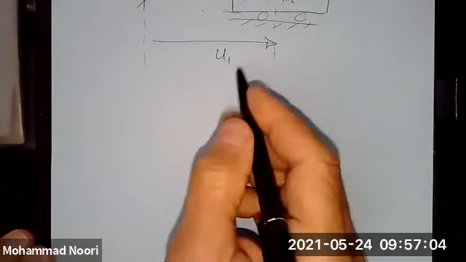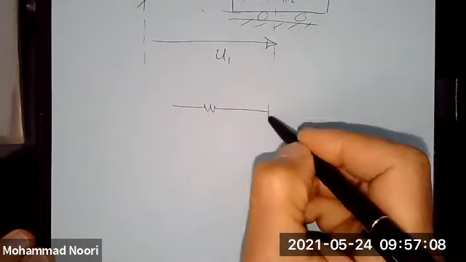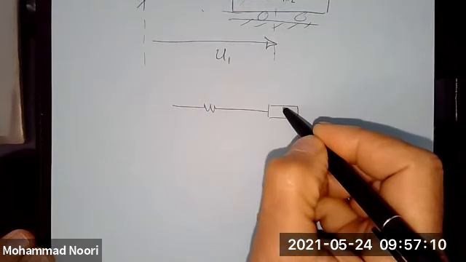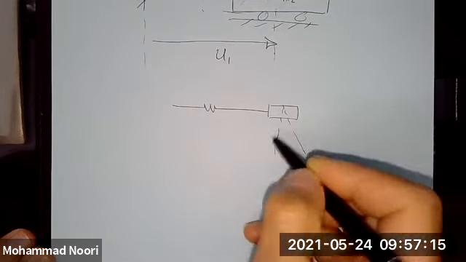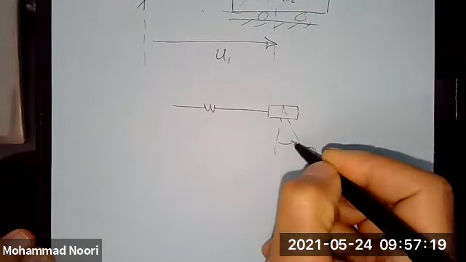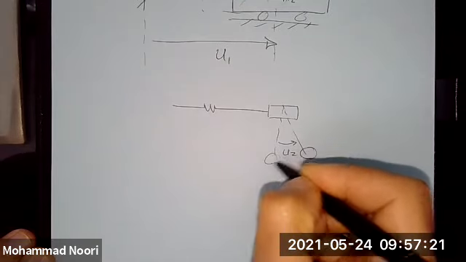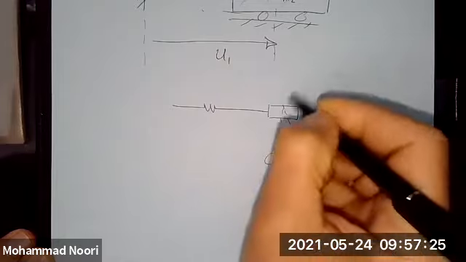So let me redraw that because I want to show you how we can simply do this using Lagrangian. In other words, I'm exaggerating here. So this is the pendulum rotating, this mass 2. This is its degree of freedom.